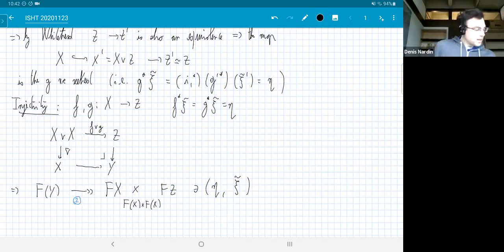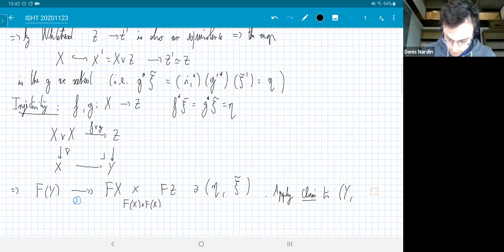And now the idea is to apply the claim to this Y and eta, a lift, which I'll call psi. Of course, there might be more than one, but I'm just picking a lift.